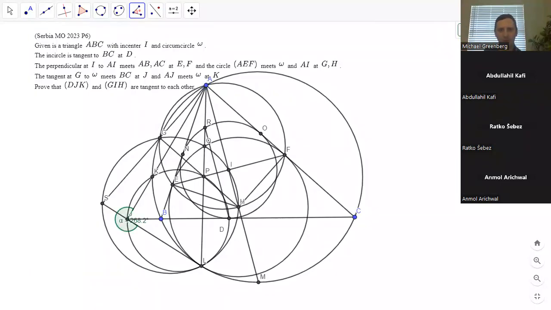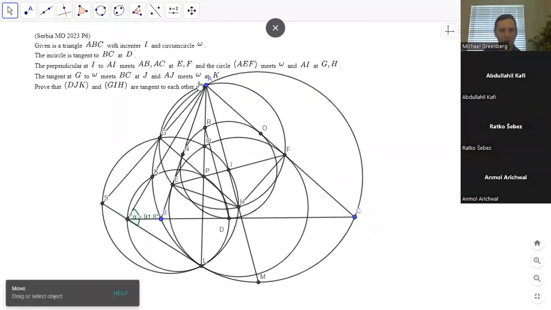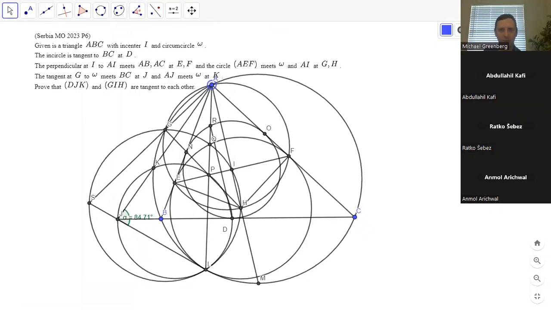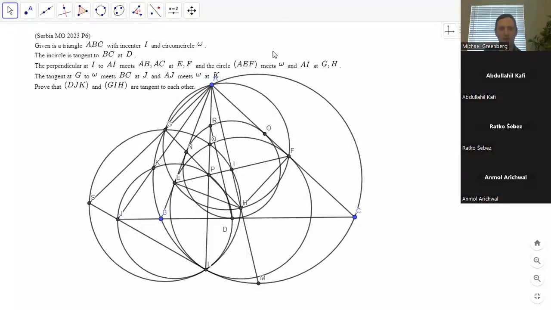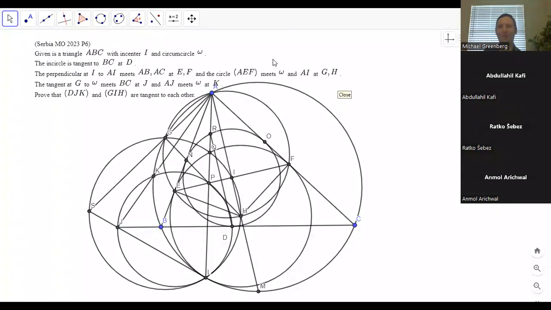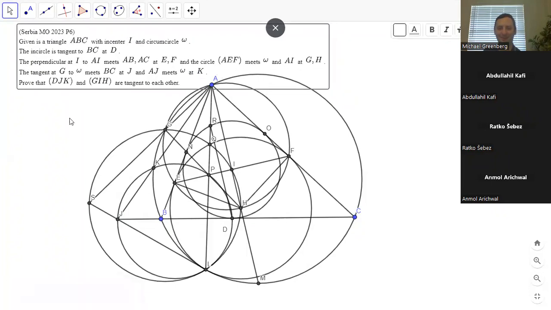Let's see. I don't think so. I think it's close, but no. Interesting. So you're not against using GeoGebra. I like that.